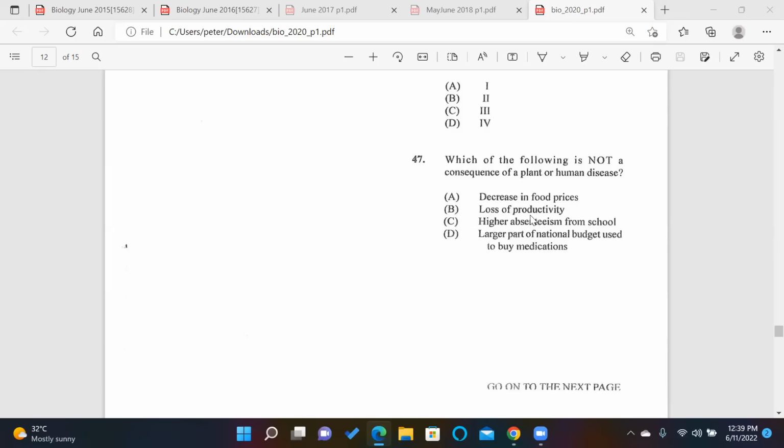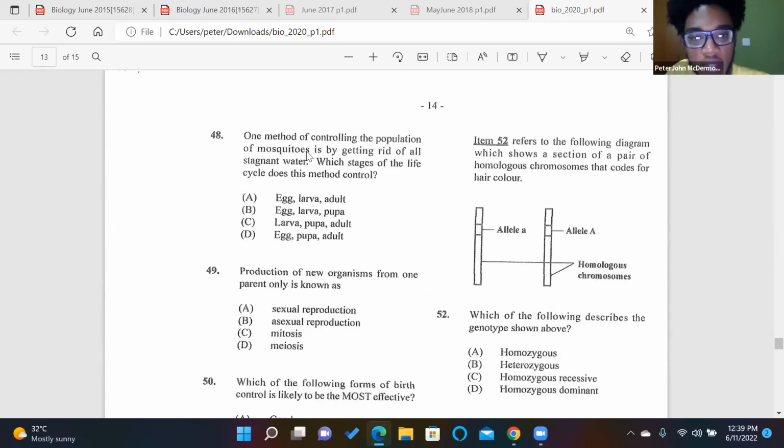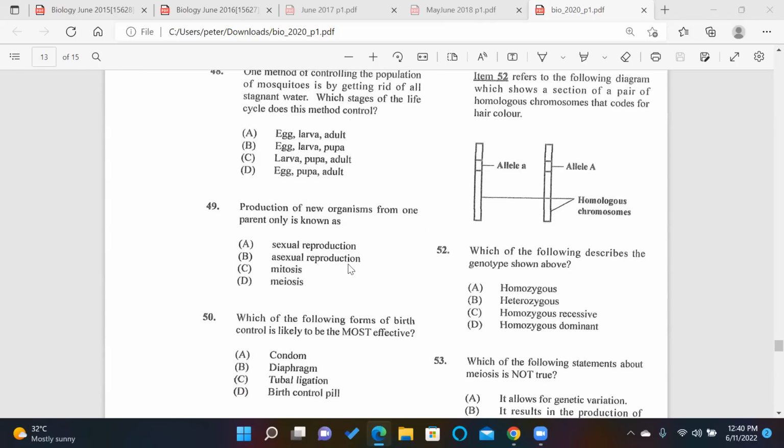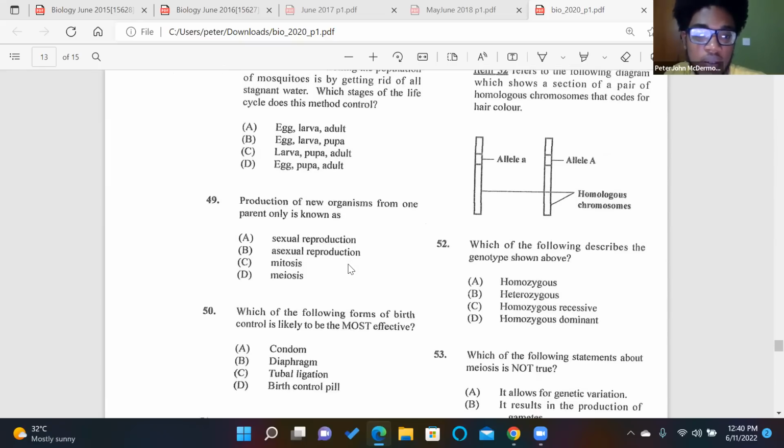A. One method of controlling the population of mosquitoes is by getting rid of all stagnant water. Which stage of the life cycle does this control? B. Give me ways to control the adult population. Fogging, sterilization, things such as those, right?